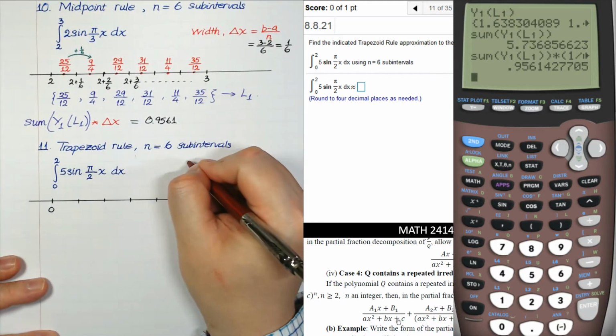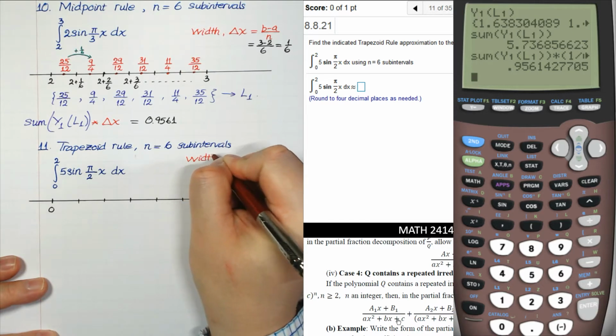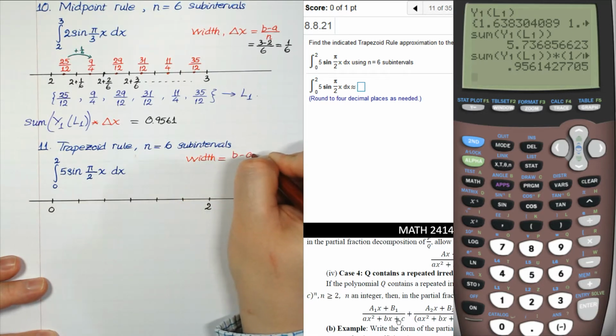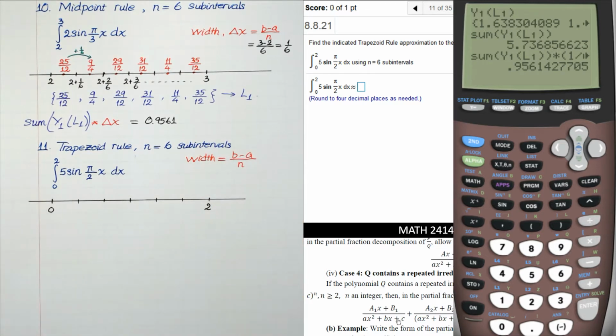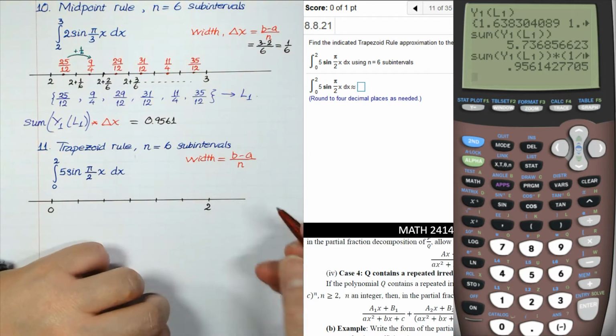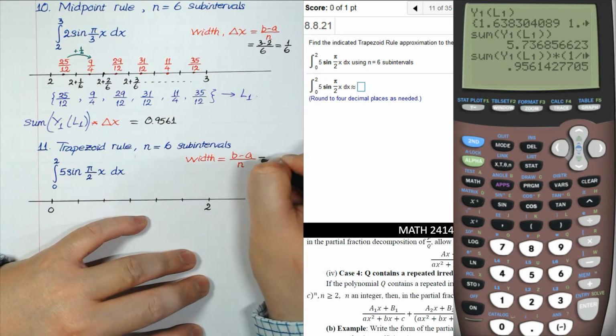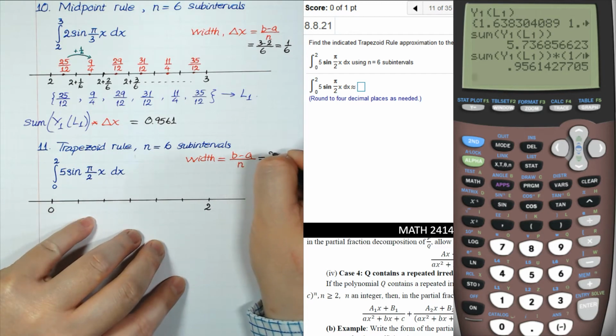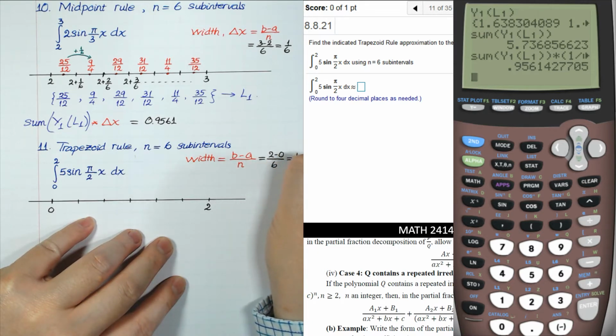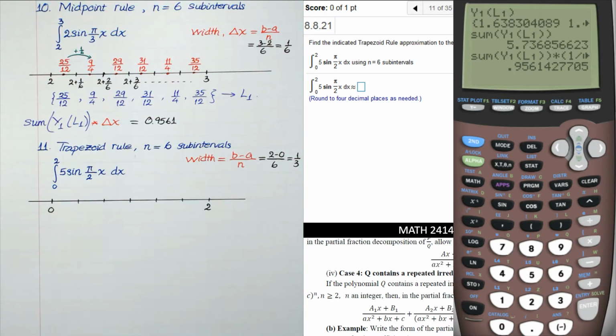What is the width? b minus a over n. Two minus 0 over 6 subintervals, so it's 1/3. So the increment is 1/3.